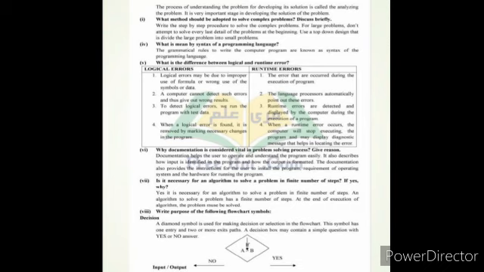Question number 6 is why documentation is considered vital in problem solving process. Give reasons. And question number 7 is it necessary for an algorithm to solve a problem in finite number of steps? If yes, why? And question number 8 is write purpose of the following flowchart symbols.